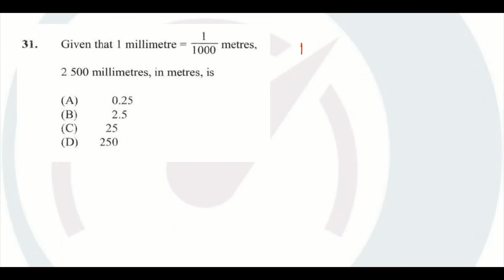So you have 1 mm is equal to 1 over 1,000 meter. So therefore, to get from 1 to that, we have to multiply it by 1 over 1,000. And to get from 1 over 1,000 to this, it means that we're going to divide by 1 over 1,000.